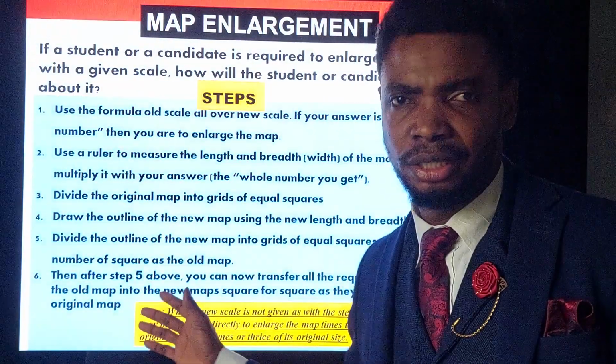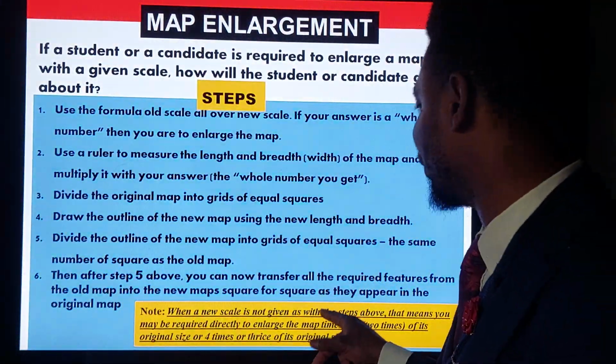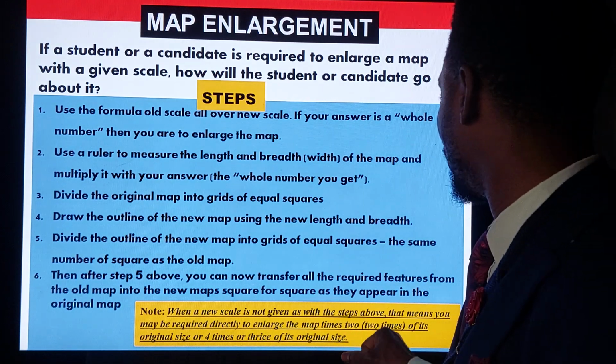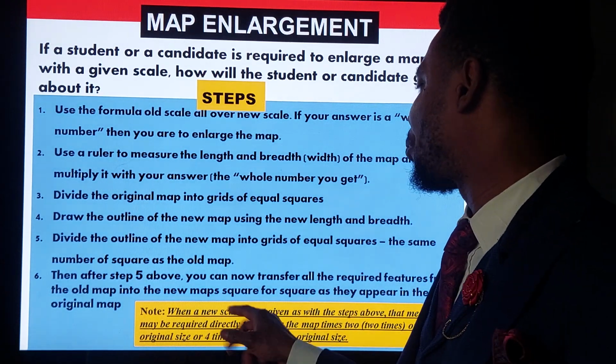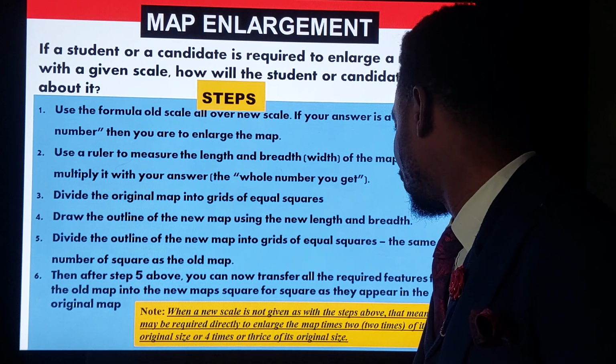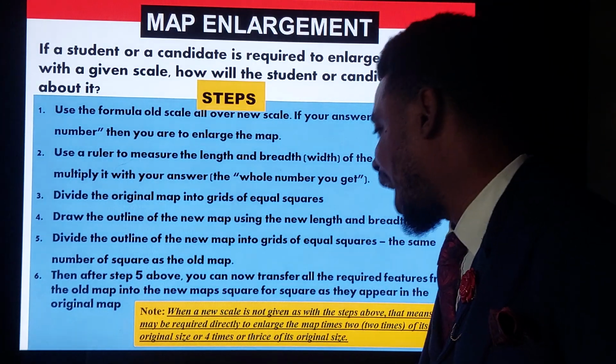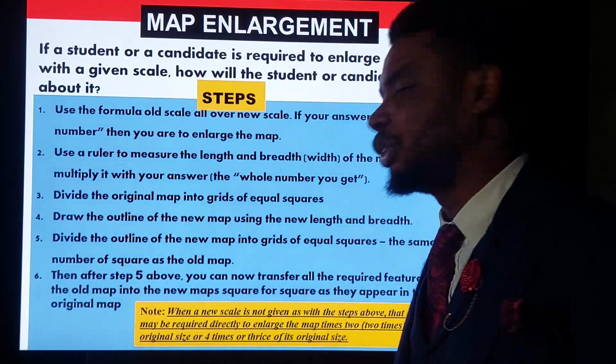So I put a caveat here. Note, when a new scale is not given, as with the step above, that means you may be required directly to enlarge the map 2 times its original size, or 4 times or thrice its original size.